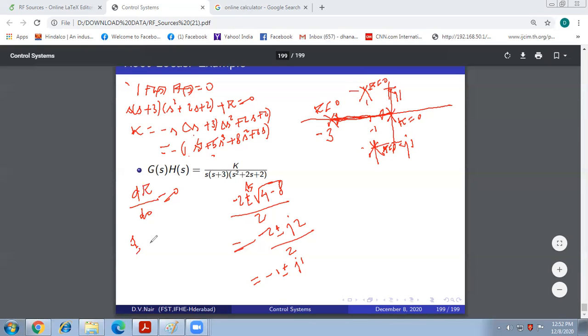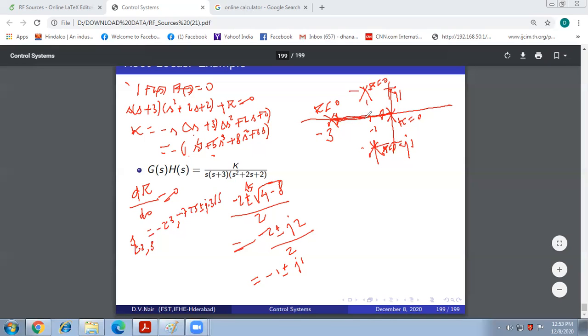One is real, that is minus 2.3, and the other two are complex, minus 0.725 plus minus j0.365, right? You can find this out with your calculator. Three values of s have come.